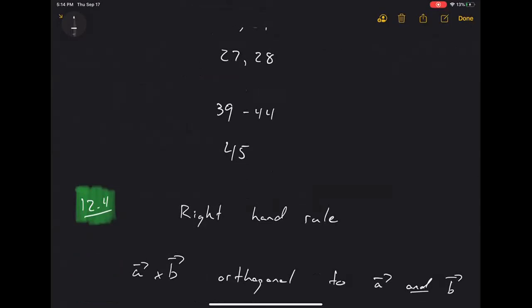Let's see, do I have any other polls? Oh, interpretation of dot product. Well, I kind of gave this away already. I can launch the poll though. Looks like most of you got it.